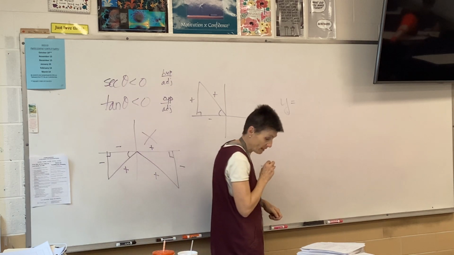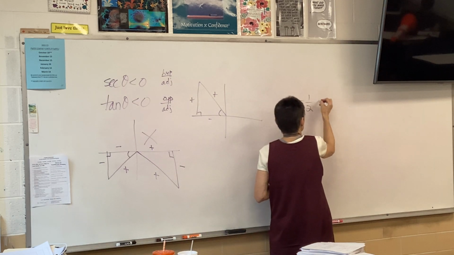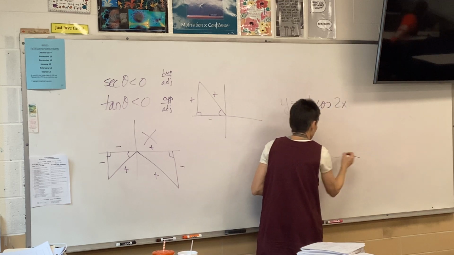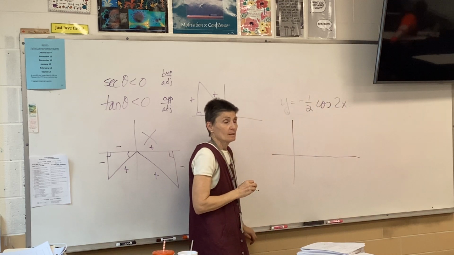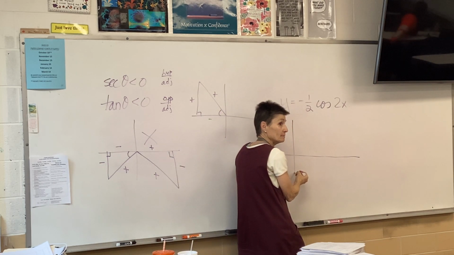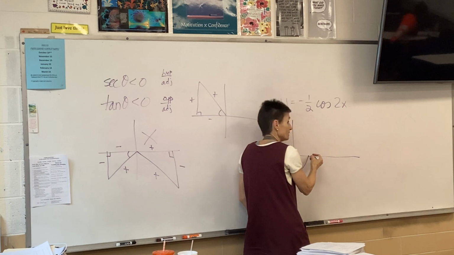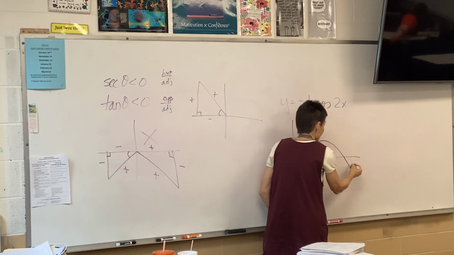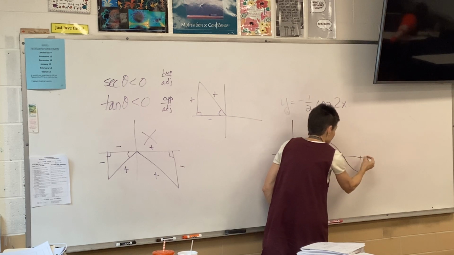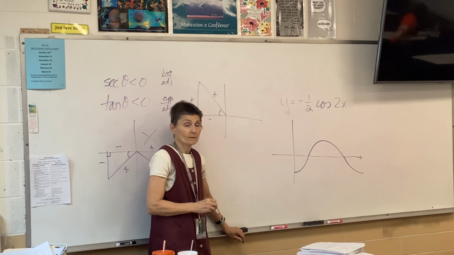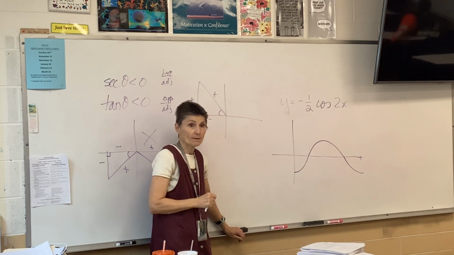So it's negative 1/2 cosine 2x. What is the shape of it? So half a valley, because it's upside down, right? So we have half a valley. Then we have our whole hill. And then we have the other half of the valley. See how I drew that? Melissa? See how I drew that?